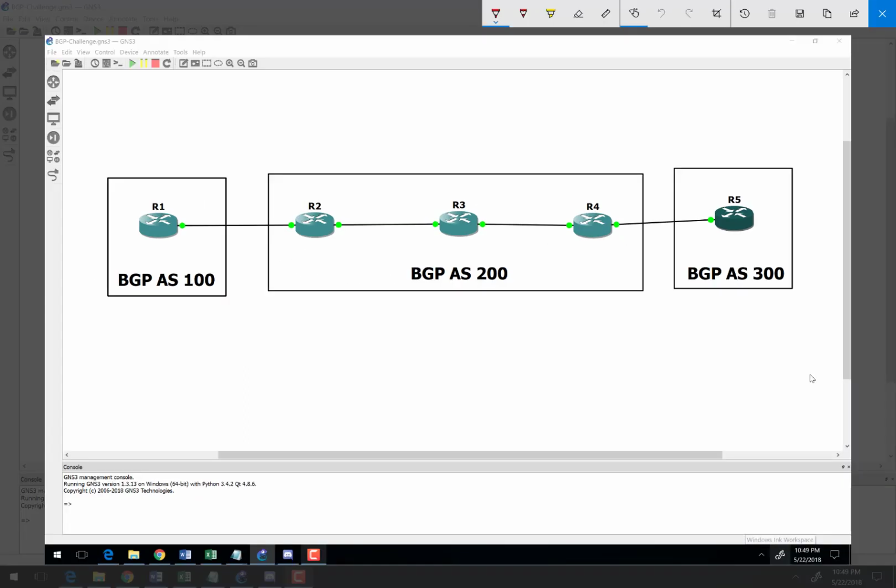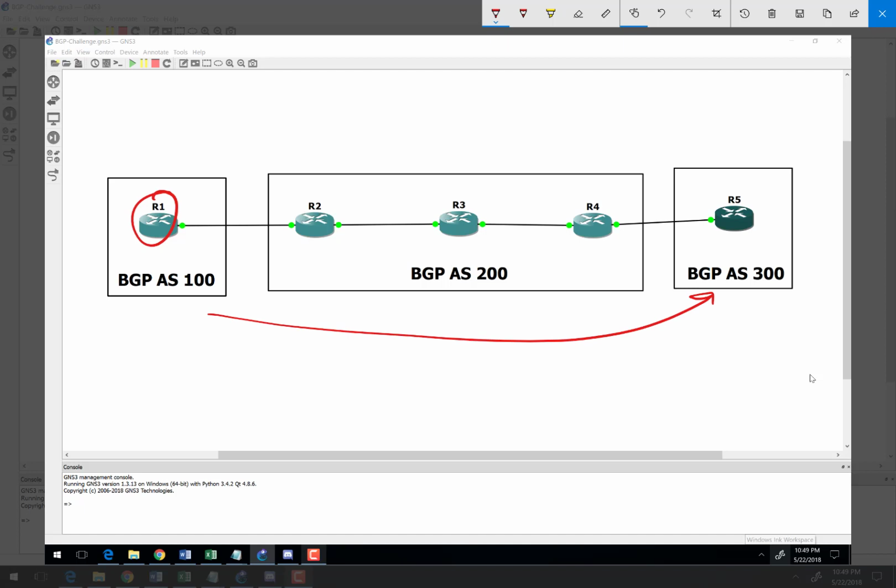So while I was working this lab, I was trying to think ahead on a couple of ways we can influence this path. If router 1 injects the prefix, it's always going to be the originating autonomous system number. That means when it gets all the way over here to autonomous system 300, the autonomous systems read from right to left.